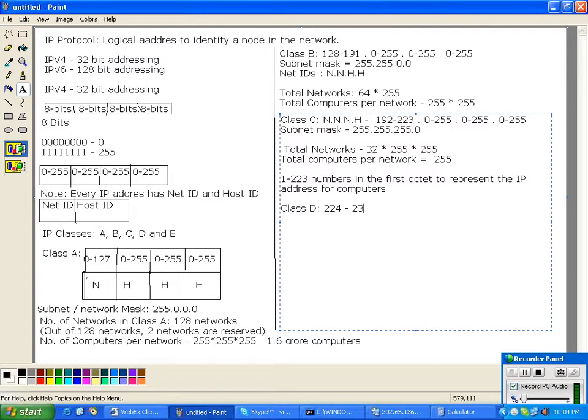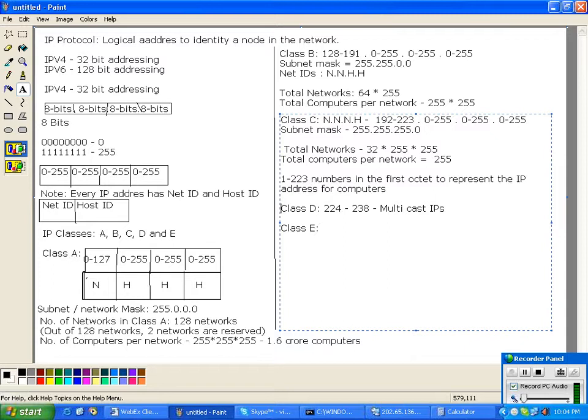So Class D, 224 to 239. First octet, remaining octets will remain same. It is called multicast IPs. Used for video chat and conferencing from group IPs. We call it group IPs.